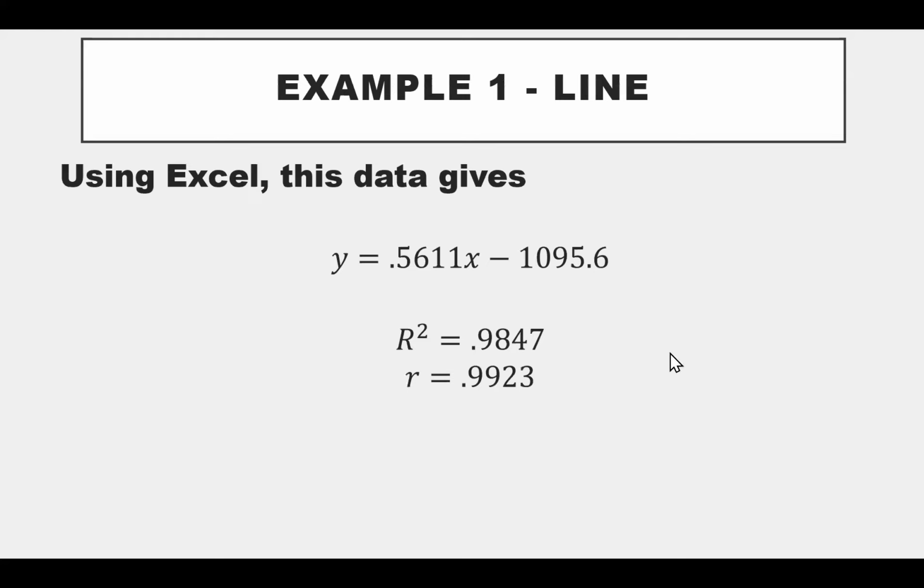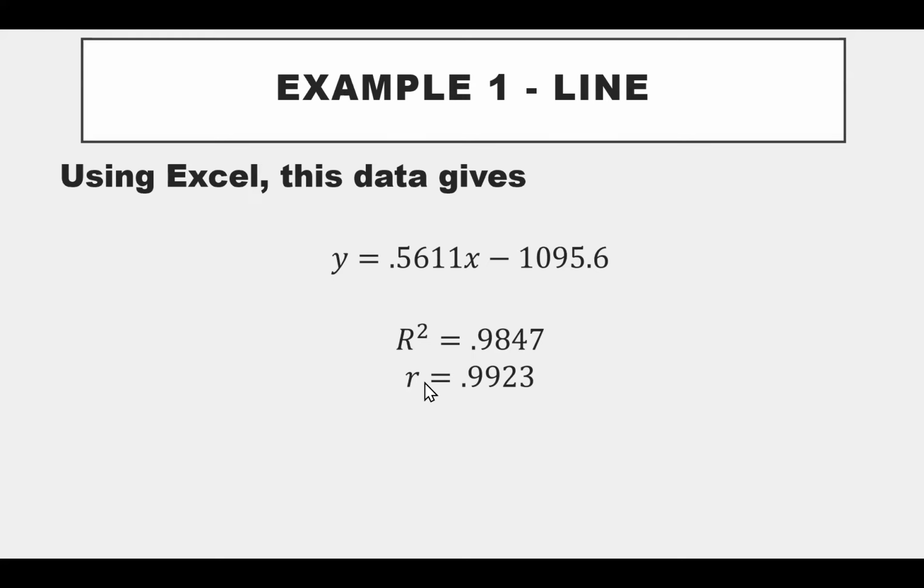Now, the line that our scatter plot gave was this one: y = 0.5611x - 1095.6. And it also gave an R squared of 0.9847 and an R of 0.9923.